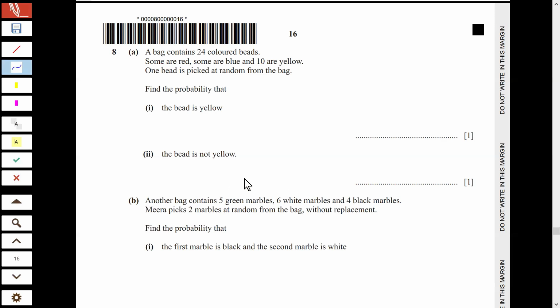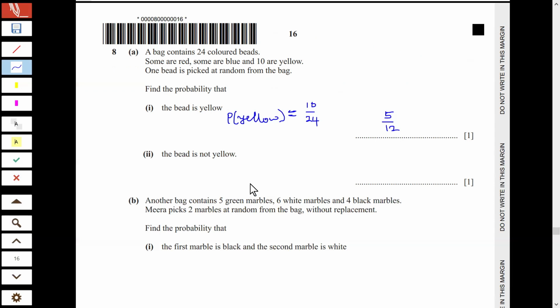So the probability of yellow will be the number of required outcomes over the total number of outcomes, and that is 10 out of 24. In simplest form, we should get 5 over 12.